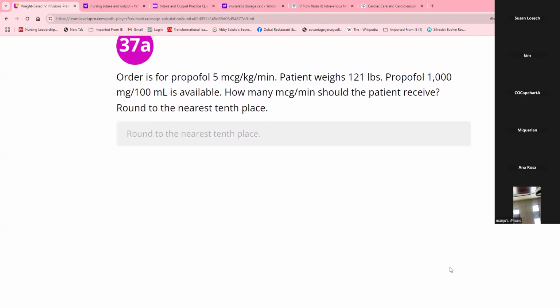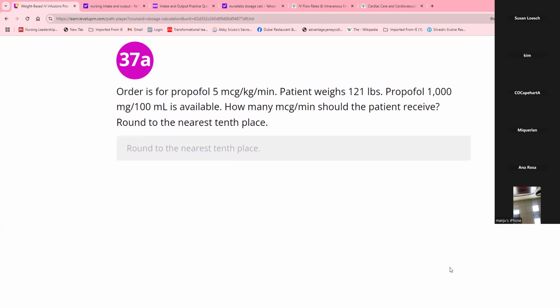Okay, let's do this one. I'm not going through the steps this time. Can you see the question? Or do you still see the whiteboard? No, I could see the question. Okay. So what's the first thing it's asking you for? 5 micrograms per kilogram per minute. It's not. Why are you reading from the top? Oh, micrograms per minute. Thank you.